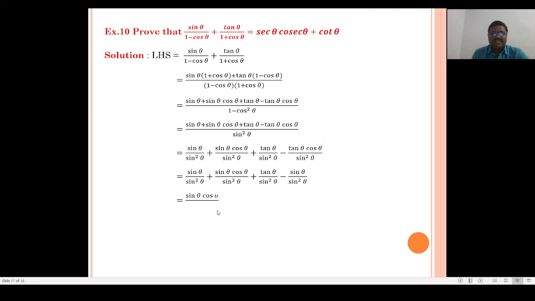So we get sin theta cos theta upon sin square theta plus tan theta upon sin square theta. So cos theta upon sin theta plus 1 upon sin theta cos theta. And then we get cot theta plus cosec theta sec theta. So we get RHS.